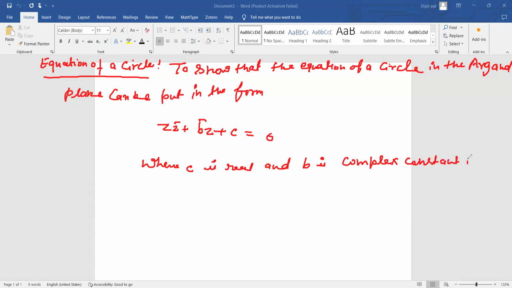So this is the general equation of a circle in the complex plane.